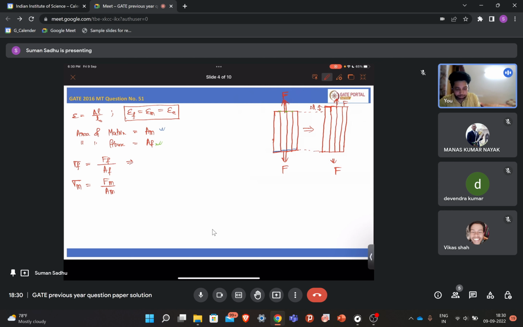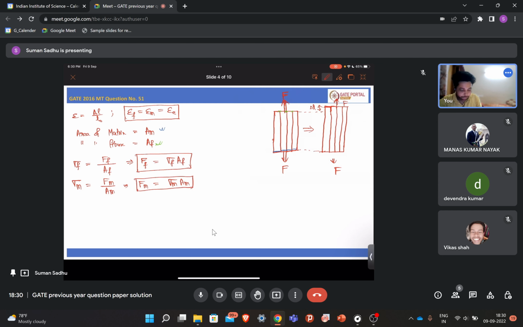So if you write force in terms of sigma and area, the force on the fiber is equal to sigma F into area AF, and similarly for the matrix, F of M is equal to sigma M into AM, right?